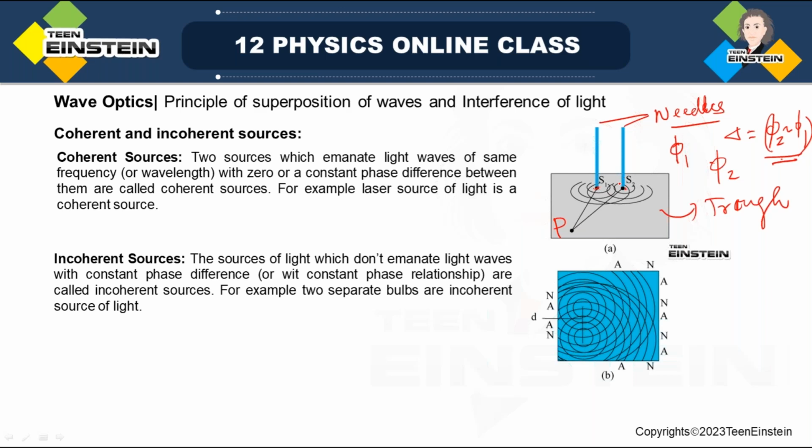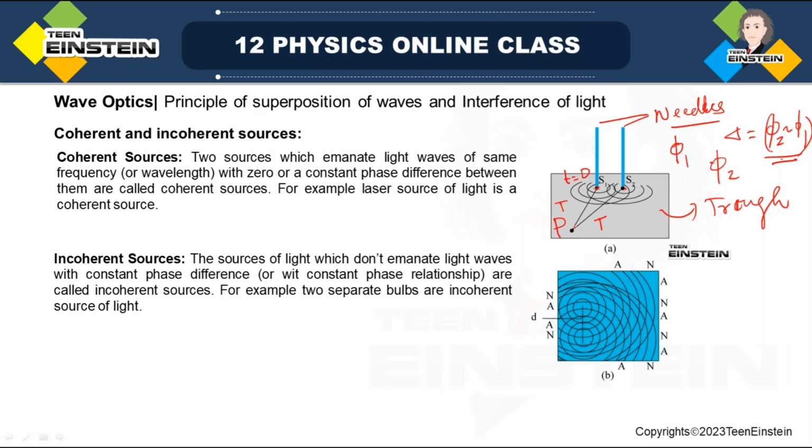So when they have the same phase, suppose the waves start at time t equals t0, and the wave from source S1 reaches point P after some time t, and the wave produced by S2 also reaches point P at the same time t.